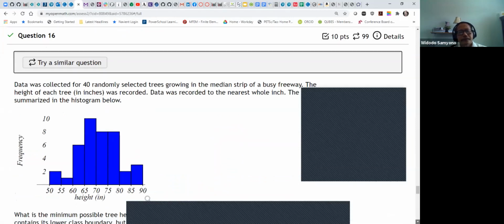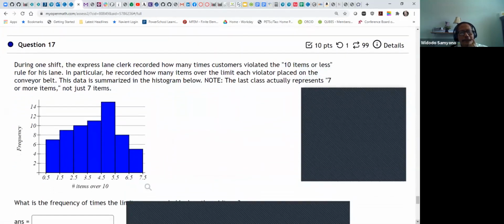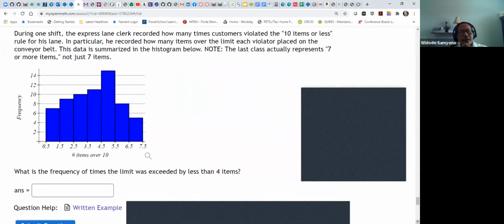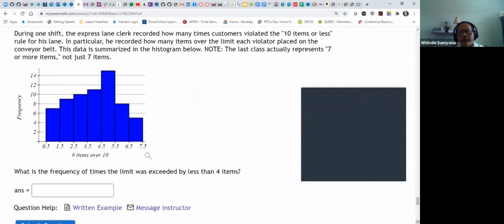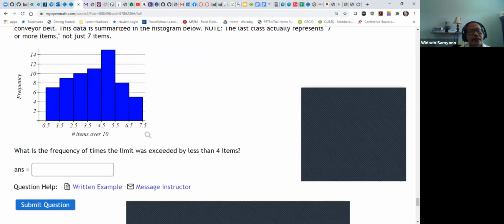Okay, so 17. What is the frequency of time the limit was exceeded by less than 4? Less than 4 items will be in this class.